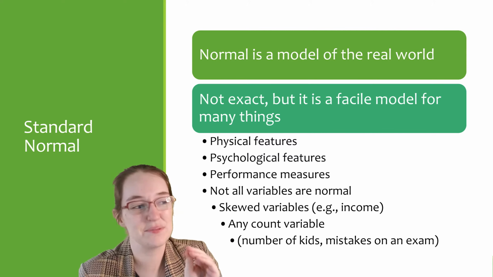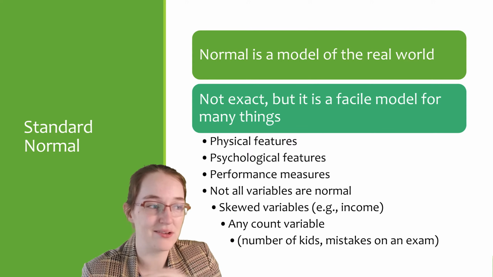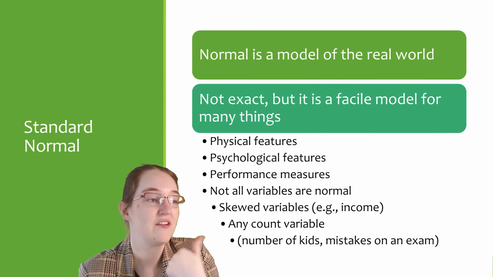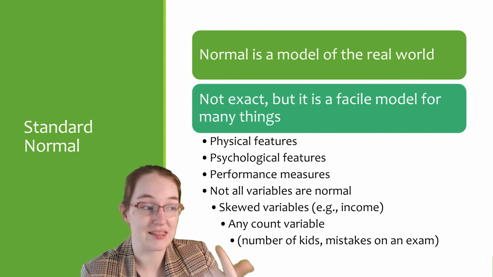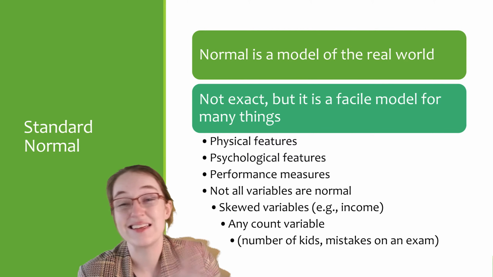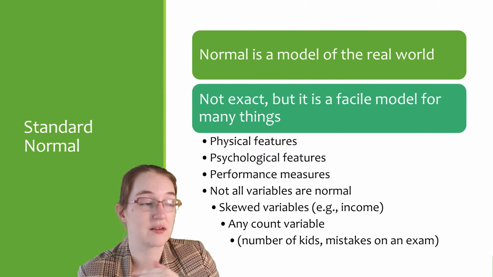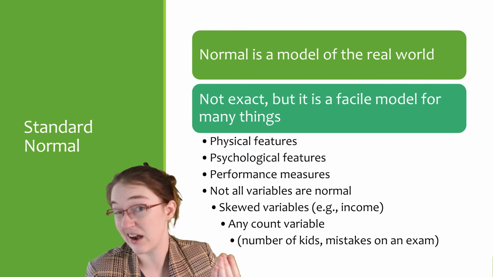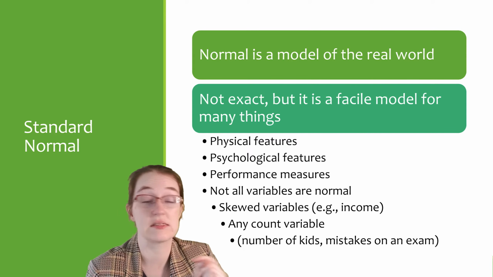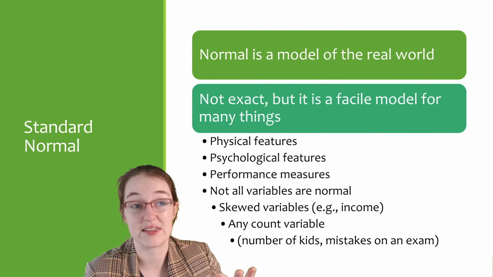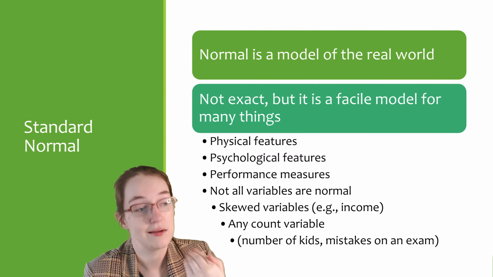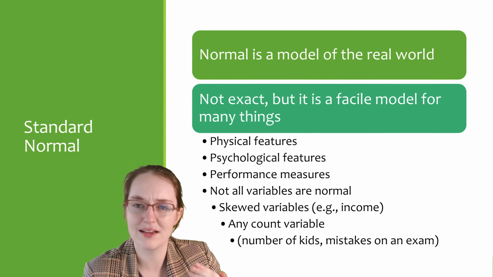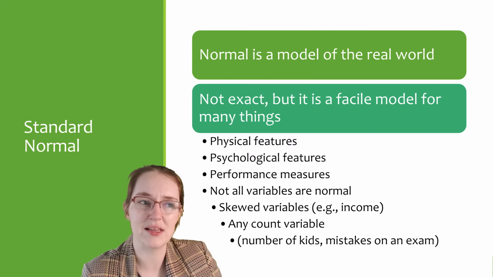It's not exact, but it's a really nice model for a lot of things: physical features, psychological features, performance variables. Not all variables follow the shape. There are skewed things like income, and any count variable like number of kids or number of questions missed on an exam. But overall, it describes a lot of things well.